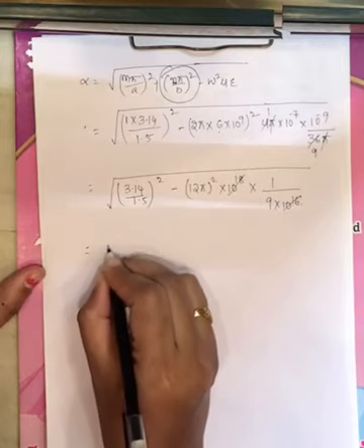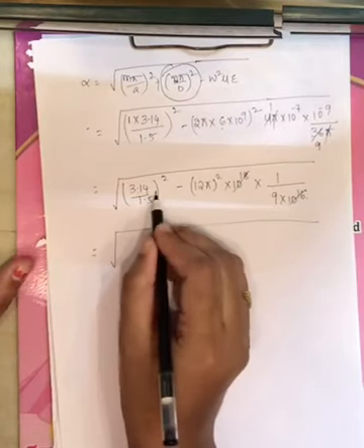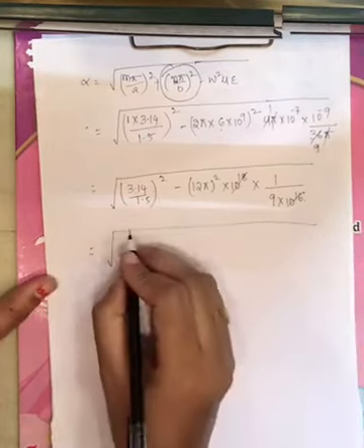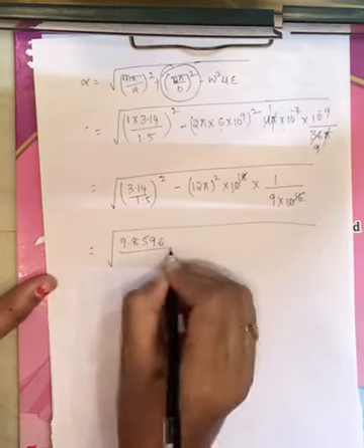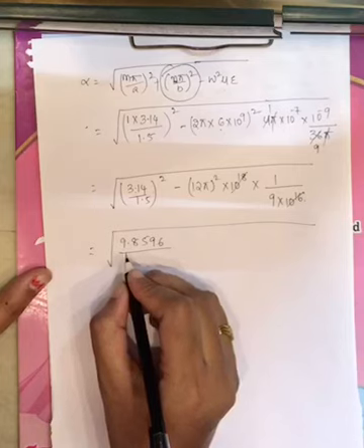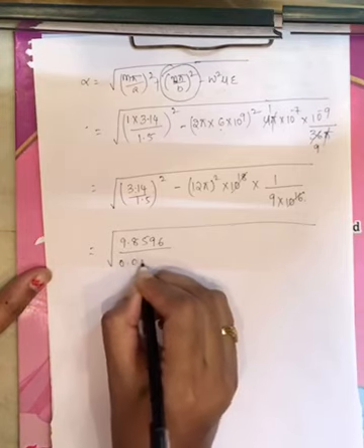And again I am writing under root of 3.14 square is nothing but 9.8596, and 1.5 square.